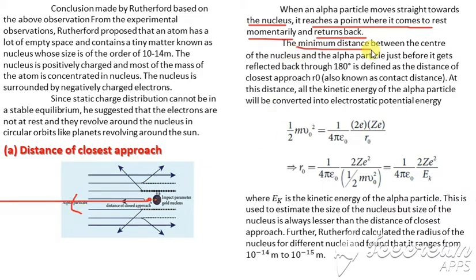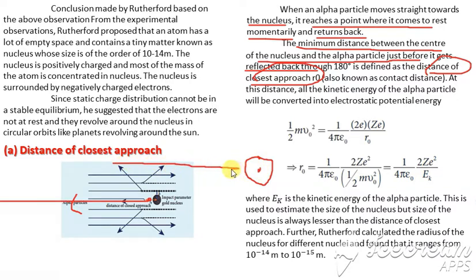The minimum distance from the center of the nucleus to the alpha particle before it gets reflected is said to be the distance of closest approach.